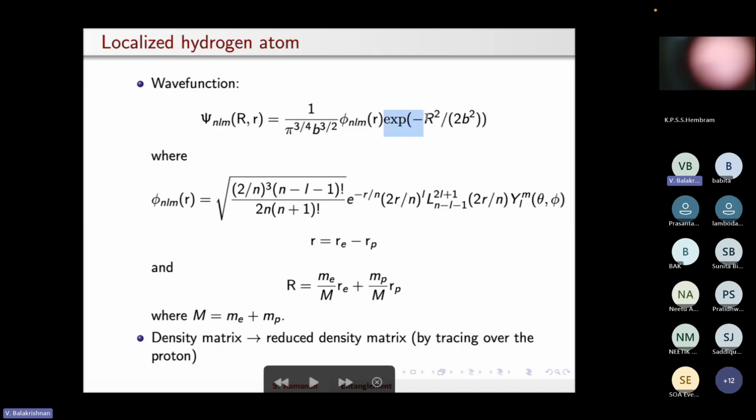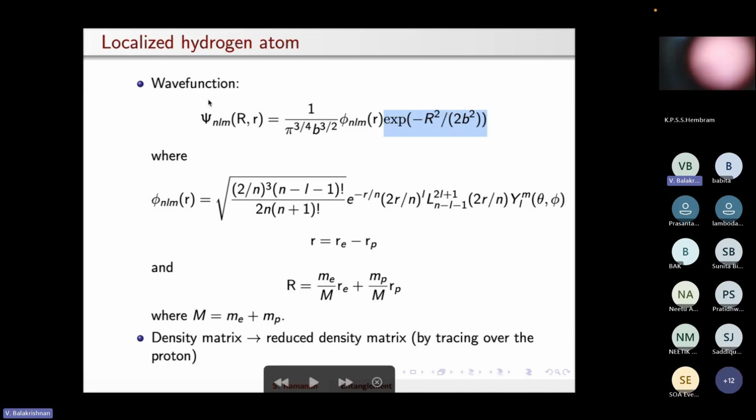And instead of the familiar e to the i p dot r, you have the center of mass in the ground state of an oscillator. So you're localizing the center of mass. Again, once more the notation: little r is the relative coordinate, which is Re minus Rp, and capital R is the center of mass of the two particles, the electron and the proton.